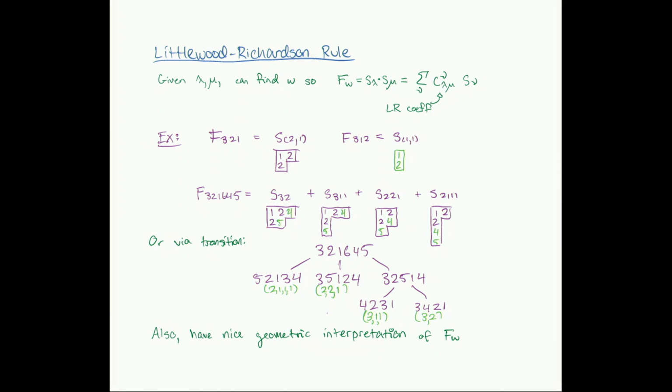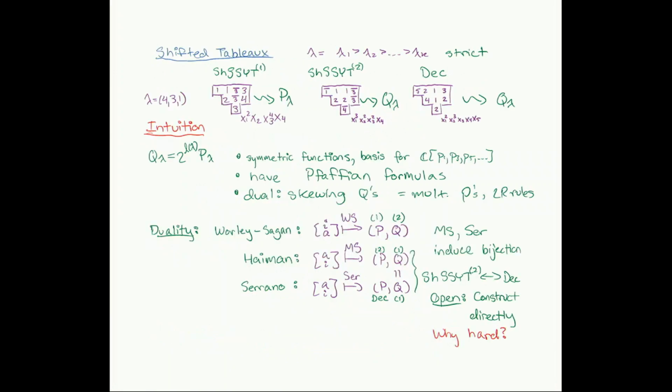So this is the setting that I want to start with. And now we're going to move to shifted tableaux. And they're coming for us in, well, actually four flavors. So we operate with a slightly different alphabet in that we have both barred and unbarred numbers.